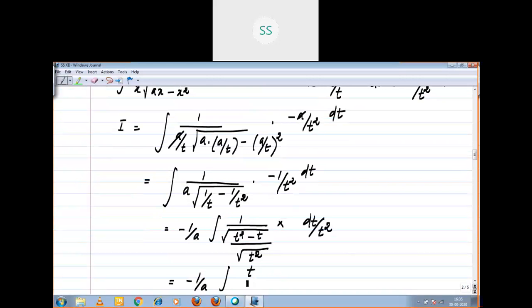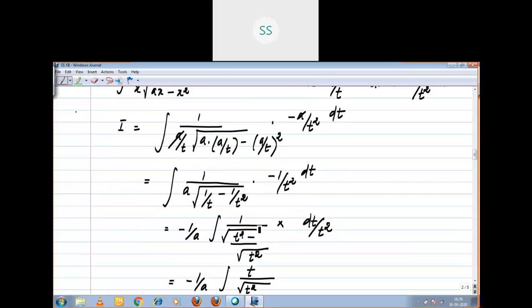t square minus t divided by square root of t square, into minus... sorry, into minus. I took it outside, no? So you have to replace dx by minus a dt divided by t square. Then this will move to the numerator.